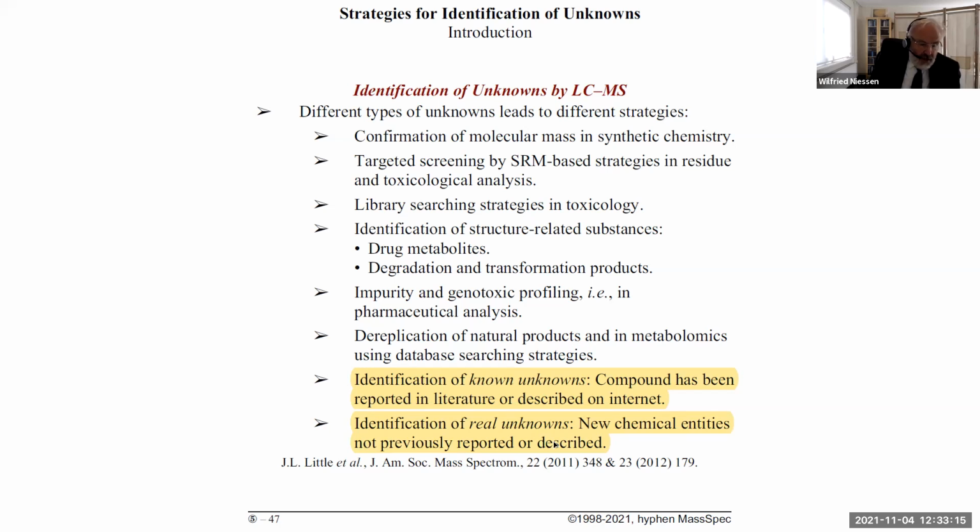discriminate between these. I remember a situation where I was consulted by a water company in the Netherlands, who fished something out of one of the rivers, and they gave me some idea about what it could be. I checked the fragmentation against this structure and said, well, it could be a possible structure.